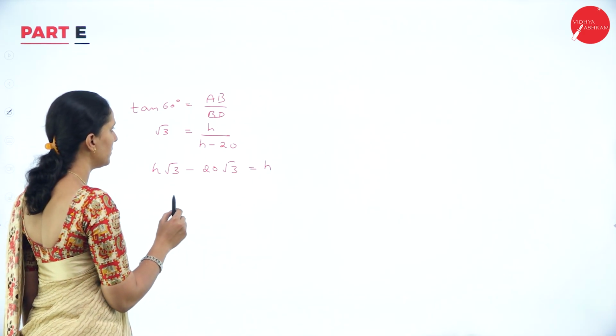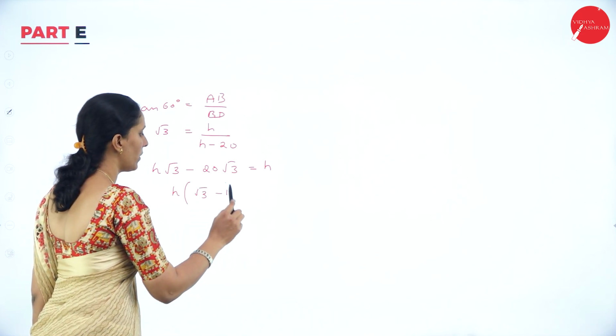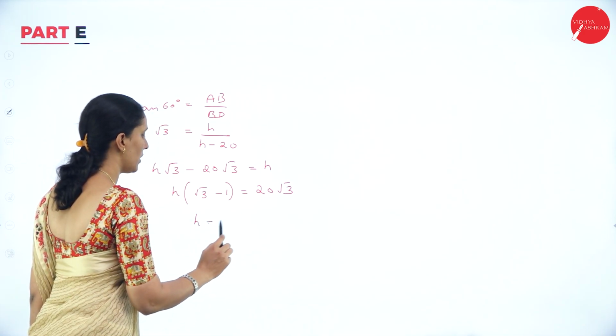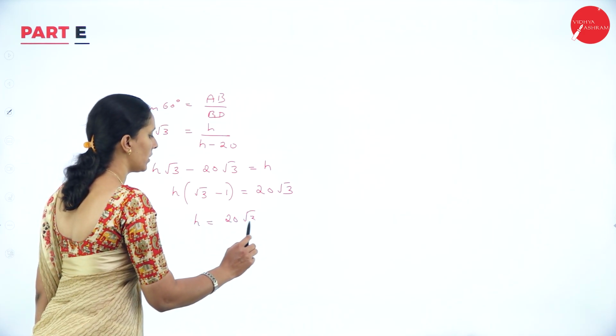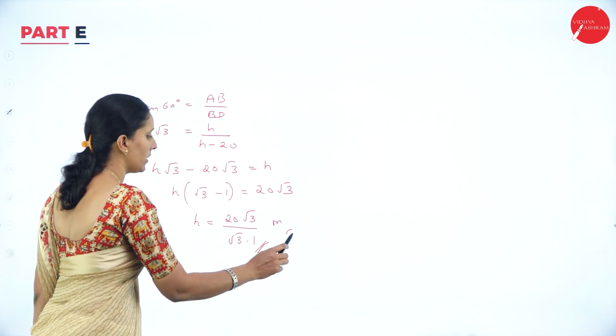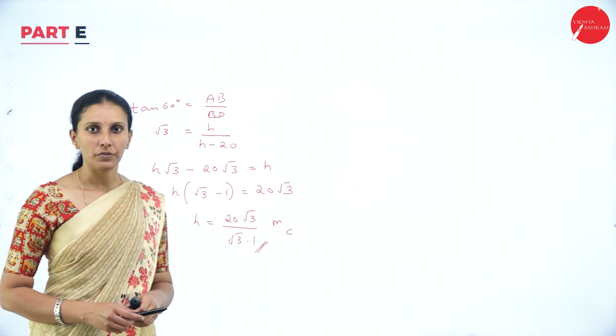Or we can say h common we can take. So h into root 3 minus 1 is equal to 20 root 3. Or h is equal to 20 root 3 divided by root 3 minus 1, in terms of meter. You can rationalize and write the answer. So this is the height of the tower.